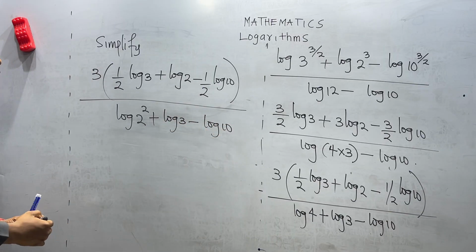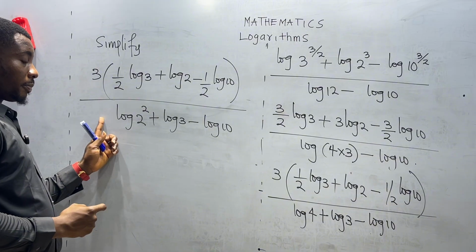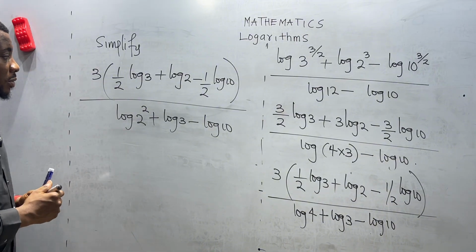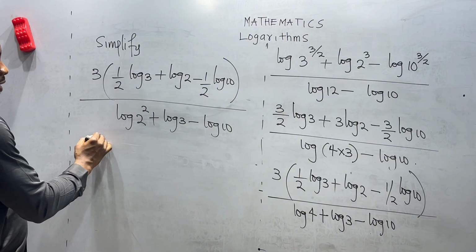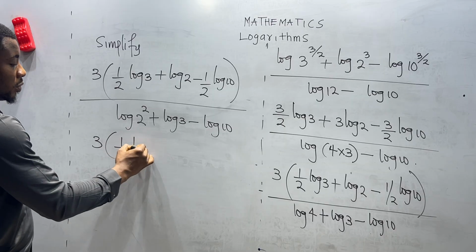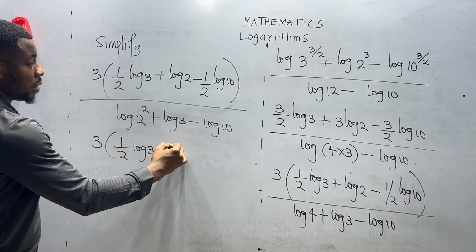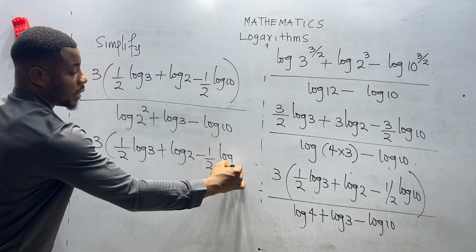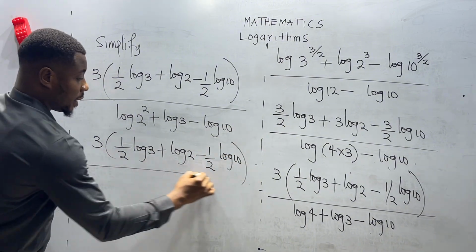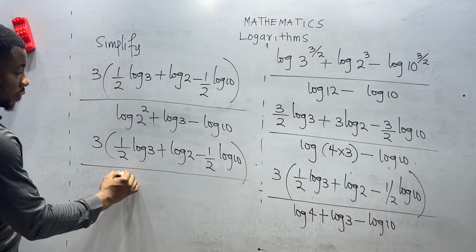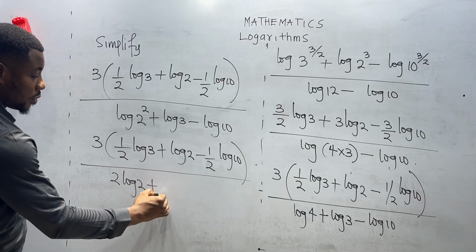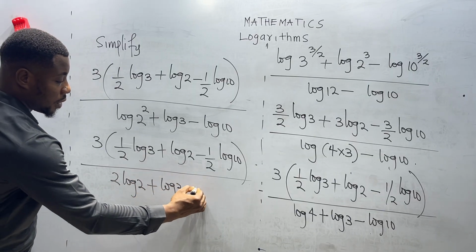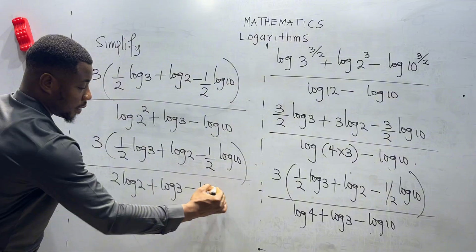Now, if this comes backwards here, we're going to have 3 into 1 over 2 log 3 plus log 2 minus 1 over 2 log 10, divided by 2 log 2 plus log 3 minus log 10.